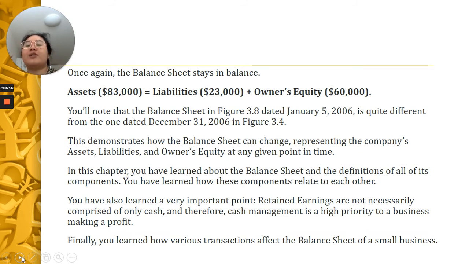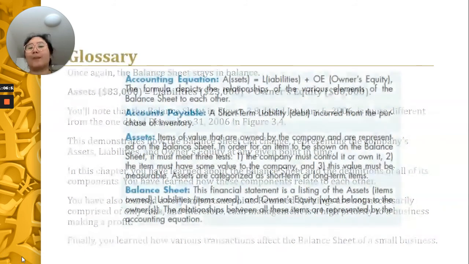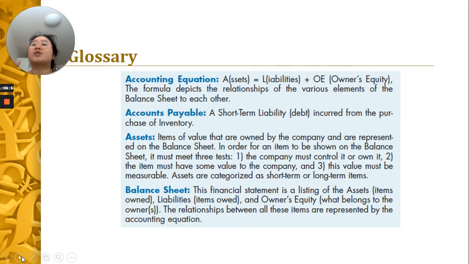Finally, you have learned how various transactions affect the balance sheet for a small business, as in our example, Solana Beach Bicycle Company. So that's all for today, and we review the glossary of vocabulary. The accounting equation, A equals L plus O: asset equals liability plus owner equity.